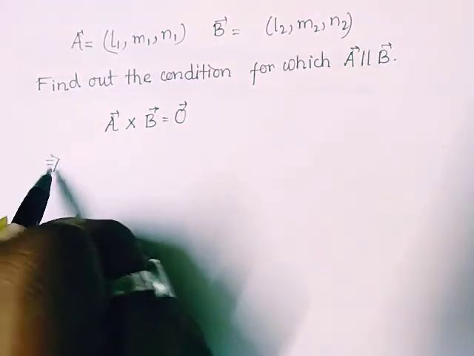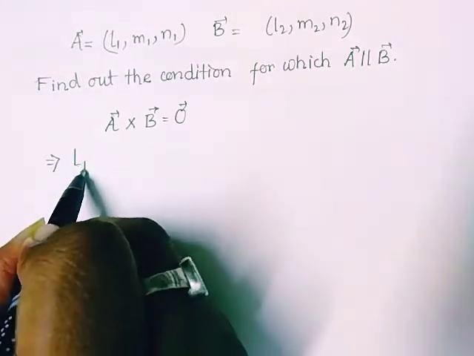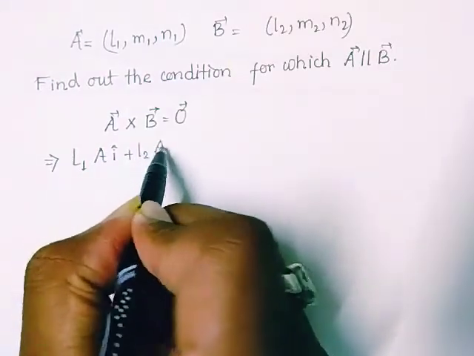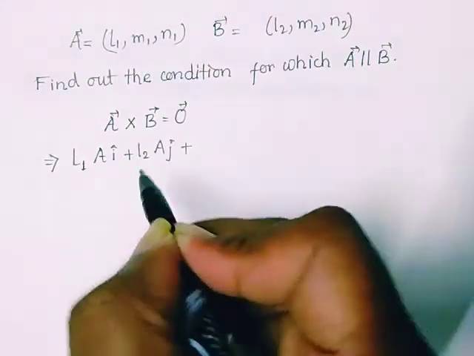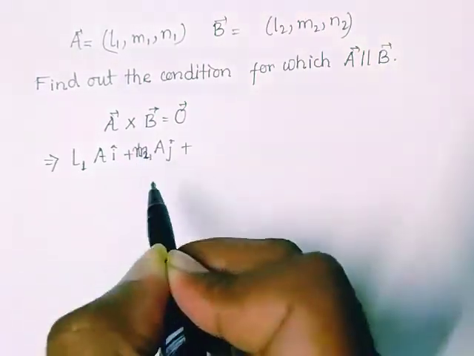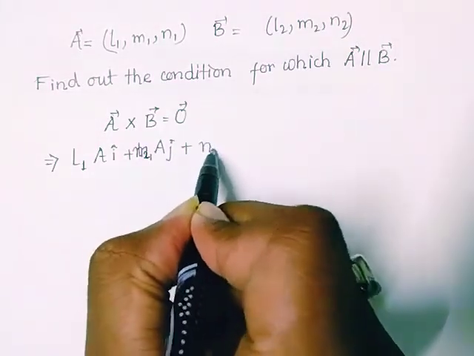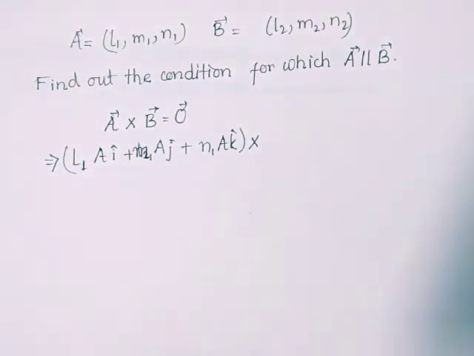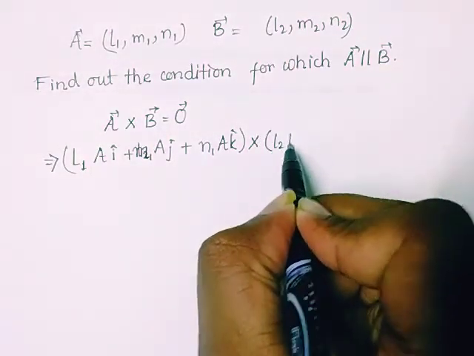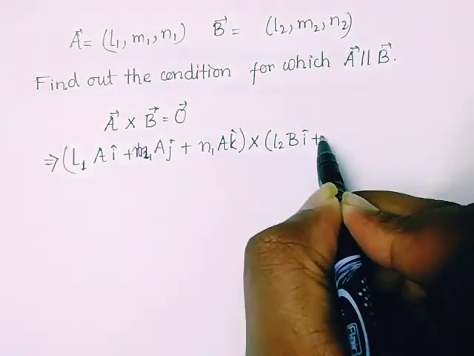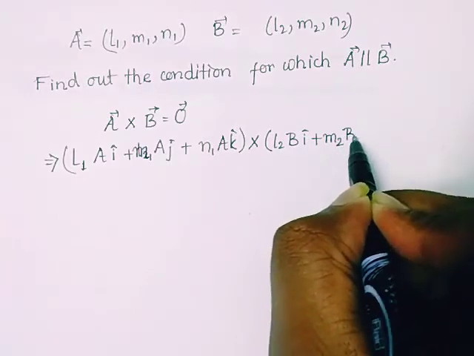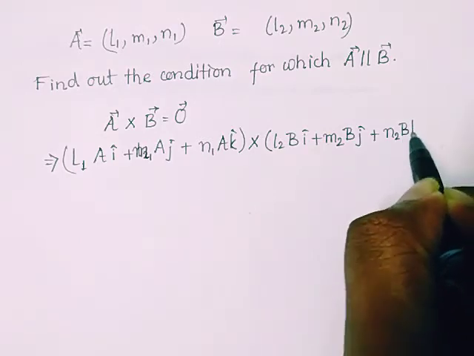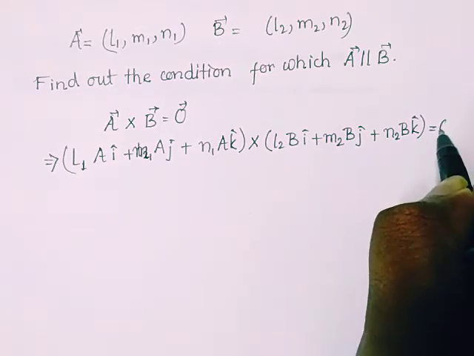So A cross B equal to 0 vector. A vector can be written as L1A i cap plus M1A j cap plus N1A k cap, cross L2B i cap plus M2B j cap plus N2B k cap, equal to 0 vector.